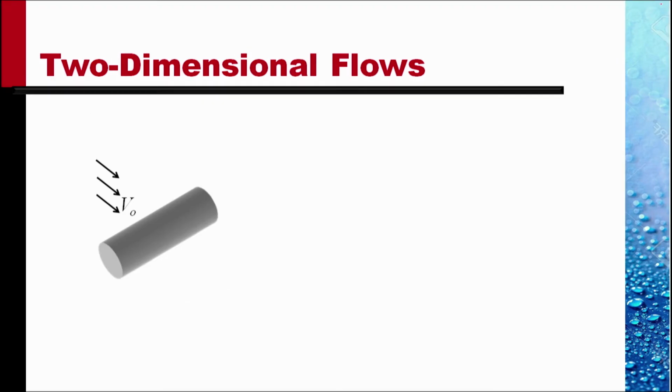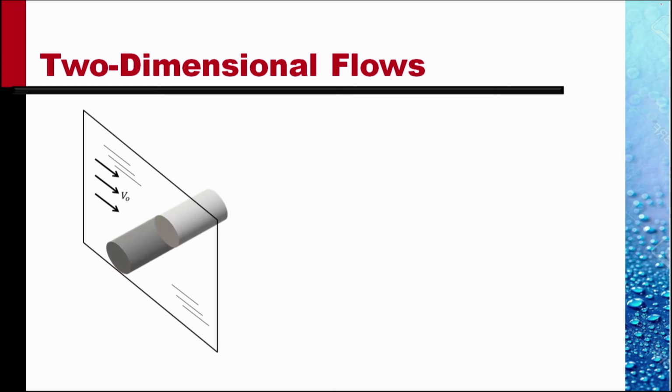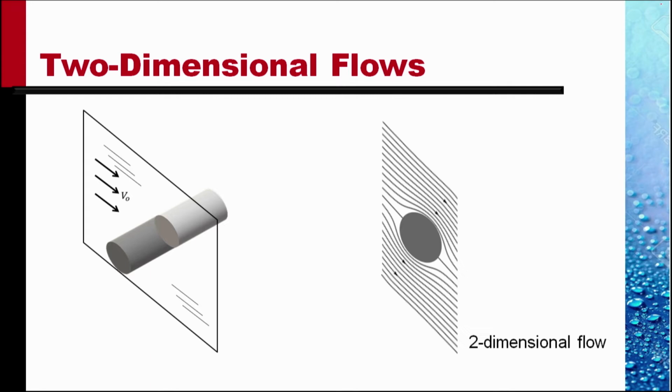Consider flow past a circular cylinder with a velocity v0. If we take a plane perpendicular to the axis of the cylinder and look at the flow in that plane, we would see the flow within the plane to be like this. This clearly is a function of two space variables, a vertical variable and a variable along the flow direction.